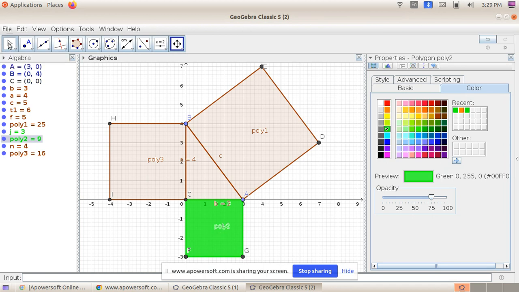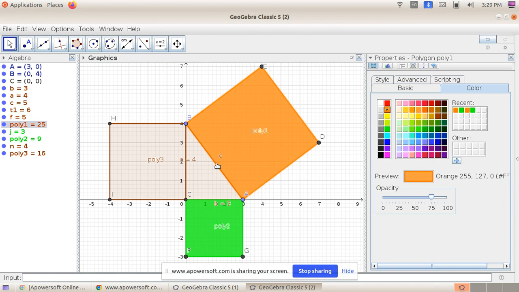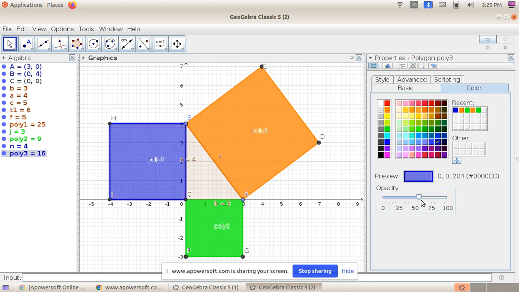Okay. Again, the next one that I'm selecting. Again, I'm selecting the next one. Let it be some blue color. Okay, here we have the three polygons, three squares.